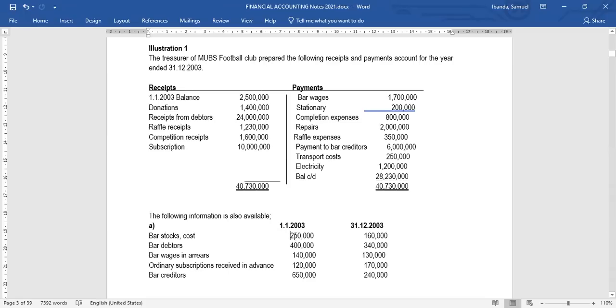So these are some of the current assets we have: the bus stock, the debtors, the wages. Now the bus stock and debtors, these ones we can go ahead and include. First include this there.